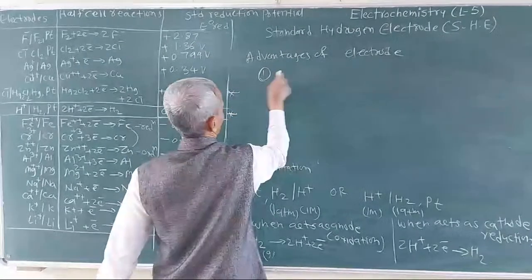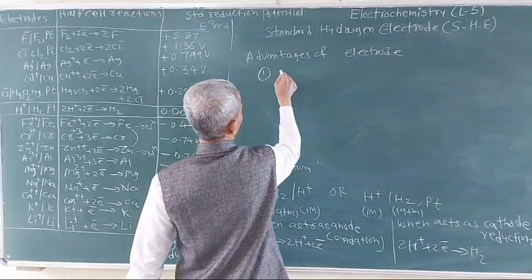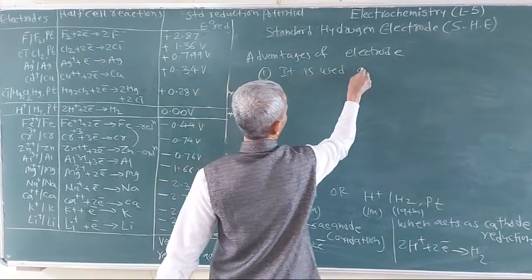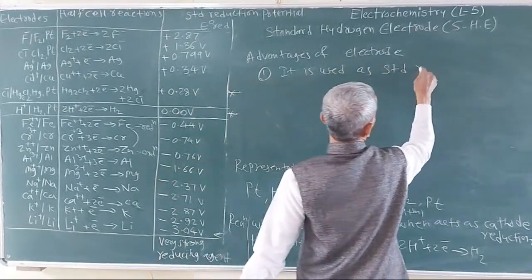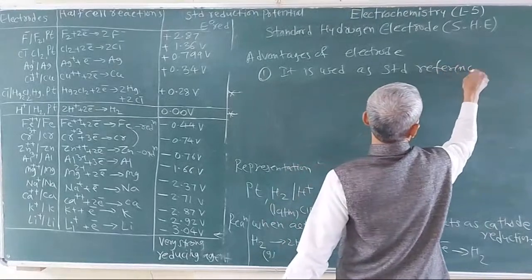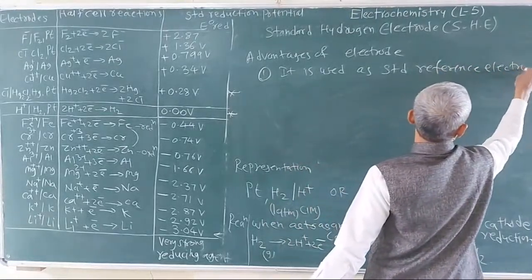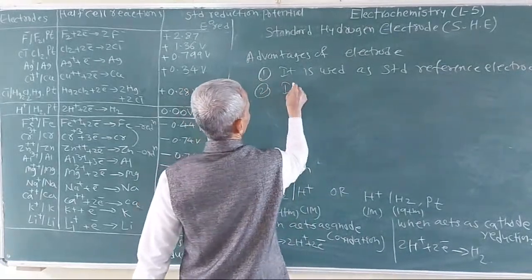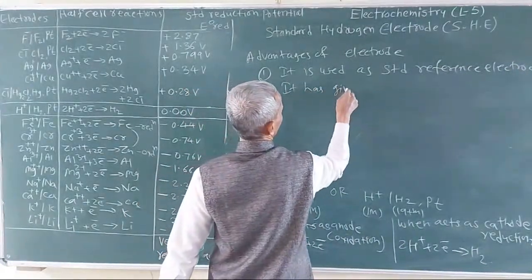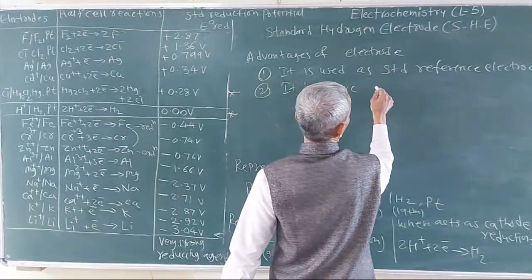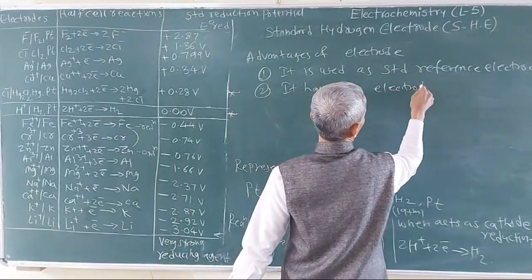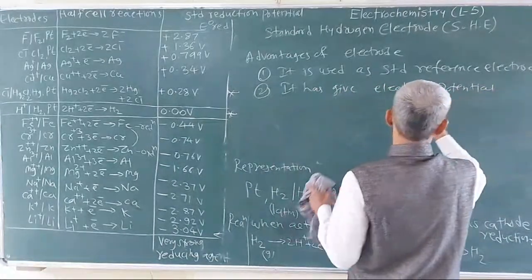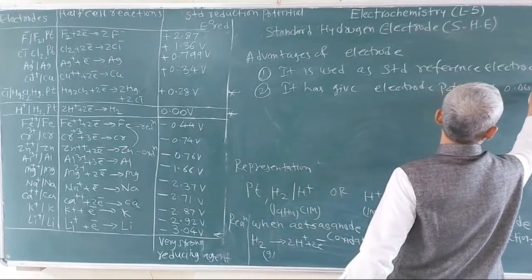First, this hydrogen electrode is used as a standard reference electrode, and it has been given an electrode potential of 0 volts.